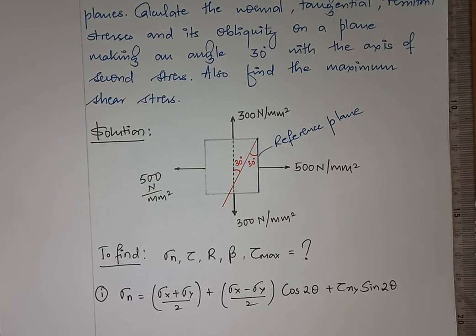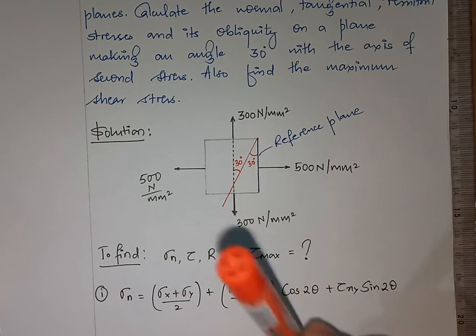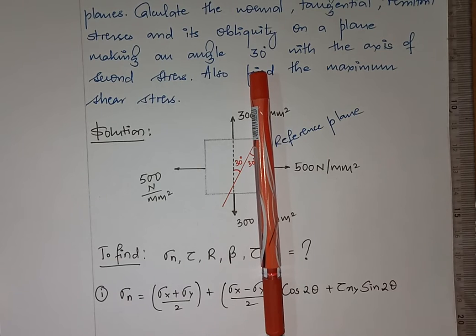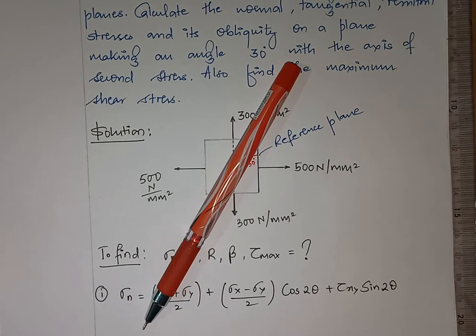Reason is both the angles what I have shown are alternate angles. Now this oblique plane is making an angle of 30 degrees with respect to reference plane.